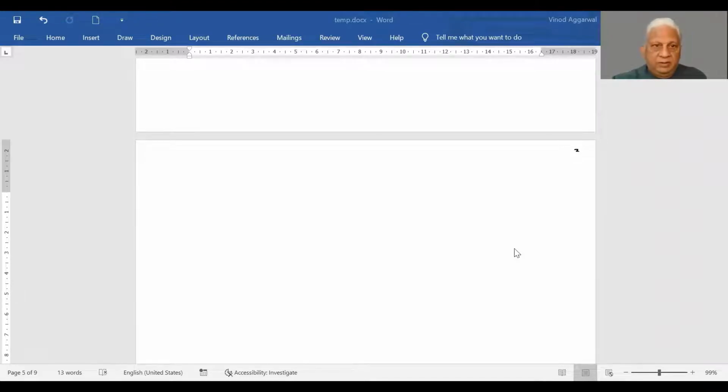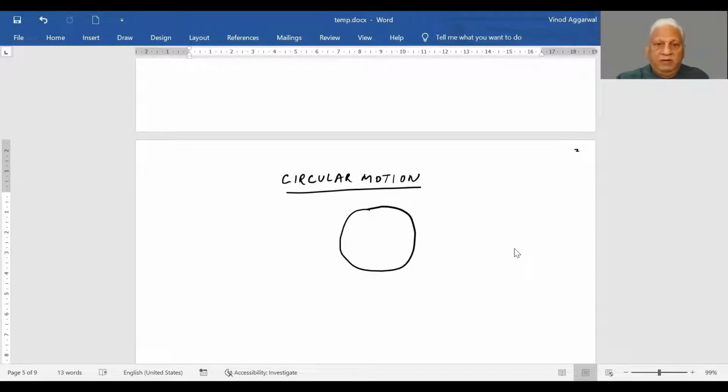Today we will study circular motion. Whenever a body moves in a circular path, we call its motion circular motion.